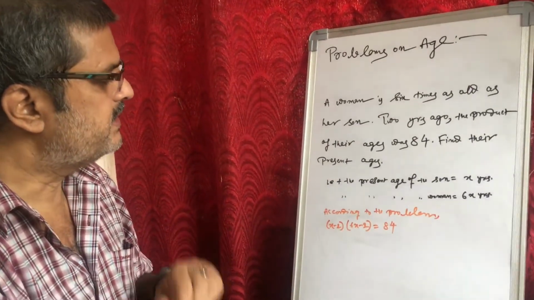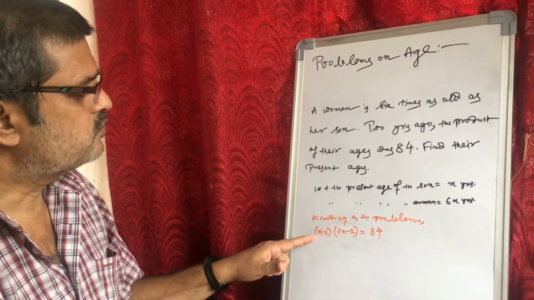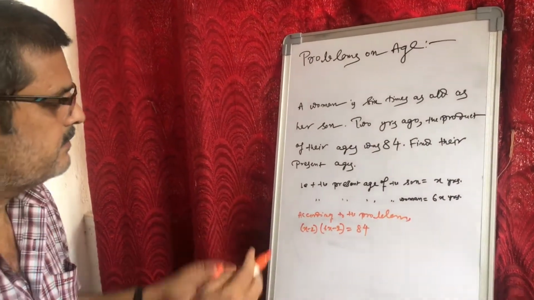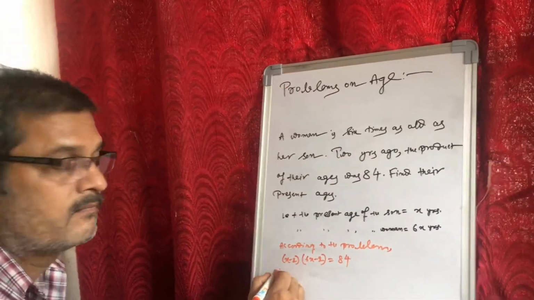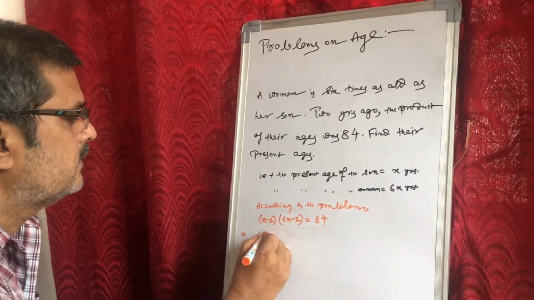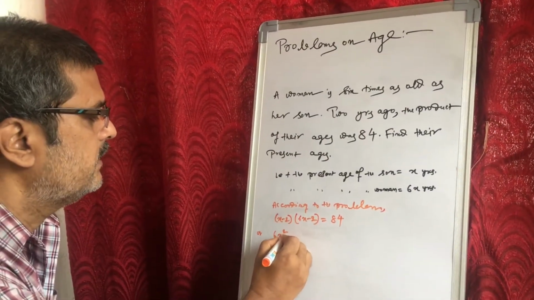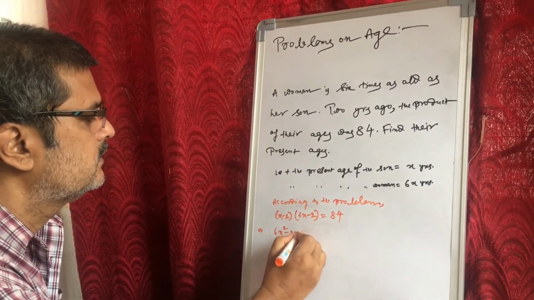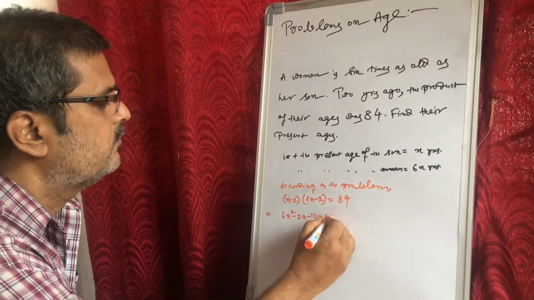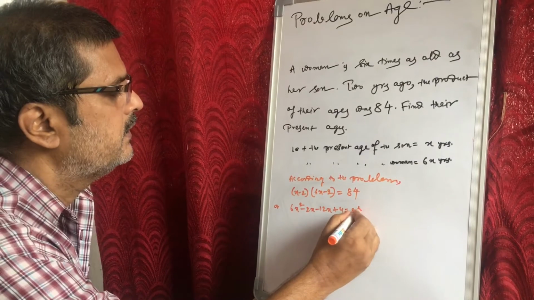Now this is the quadratic equation and I have to solve it. Now see how to solve it. 6x square minus 2x minus 12x plus 4 is equal to 84.